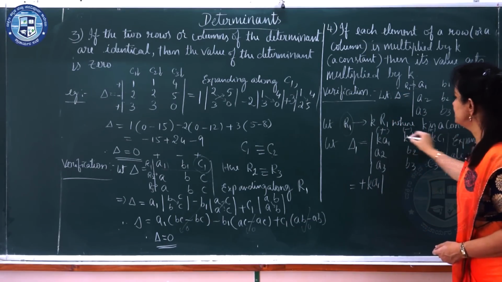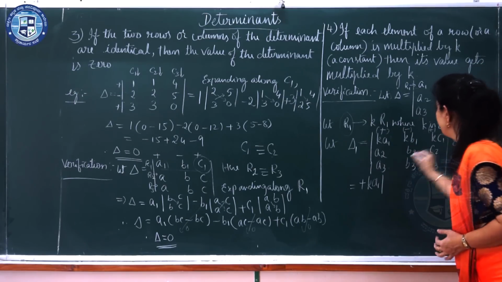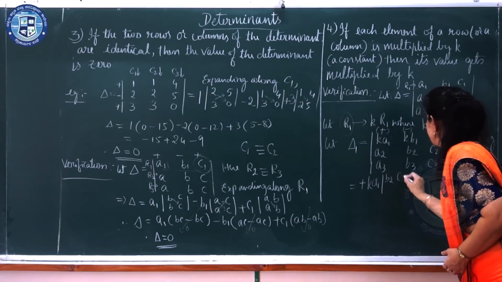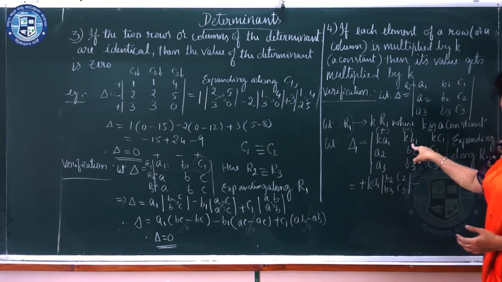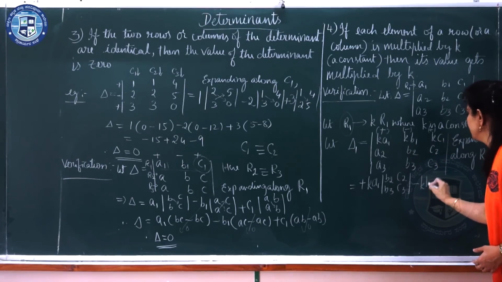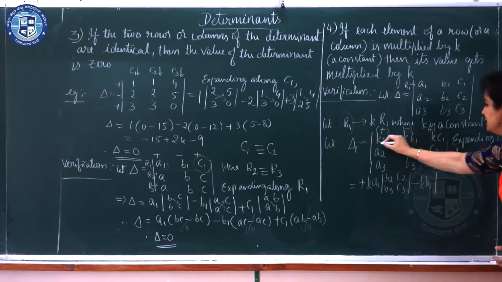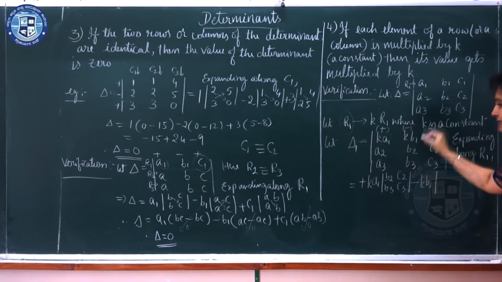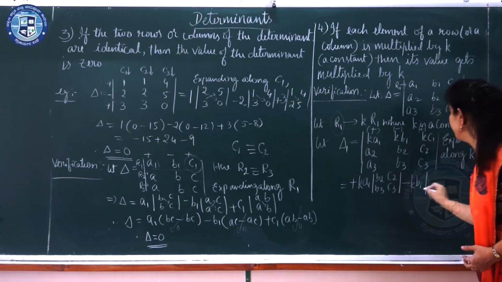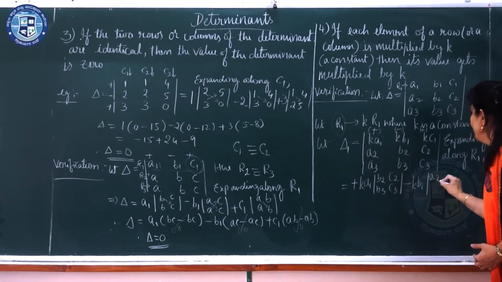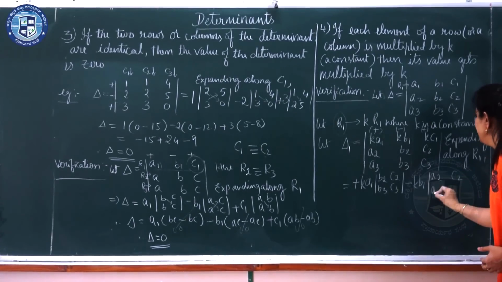Look at this, first row and first column elements are deleted. So the remaining elements are B2, C2, B3, C3. Minus, second element here, kB1 into determinant of. Look at this. Delete the first row and second column where kB1 lies. So the remaining elements are A2, C2, A3, C3.